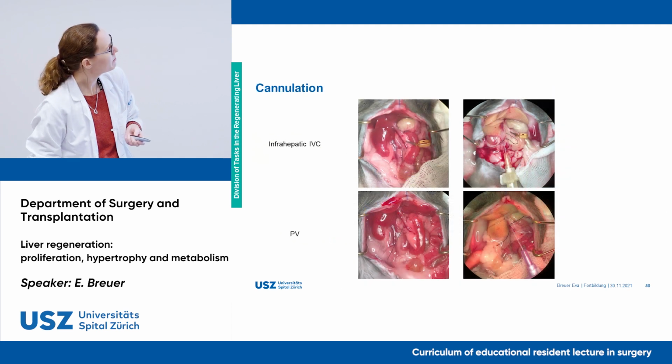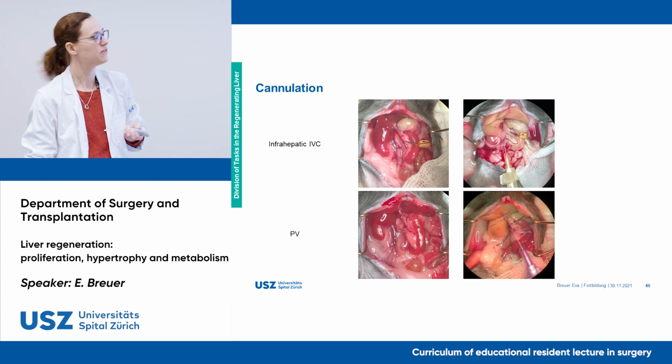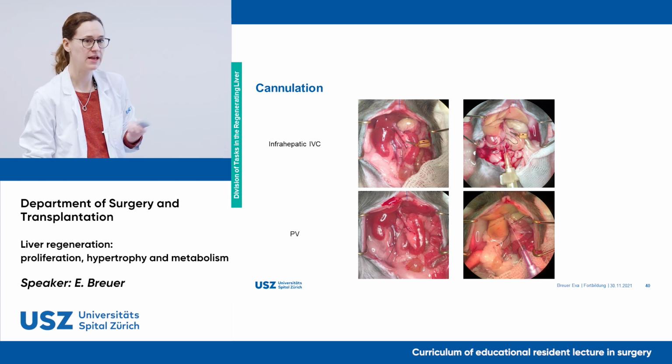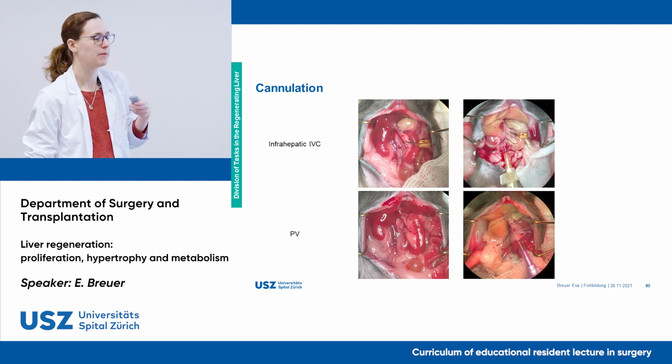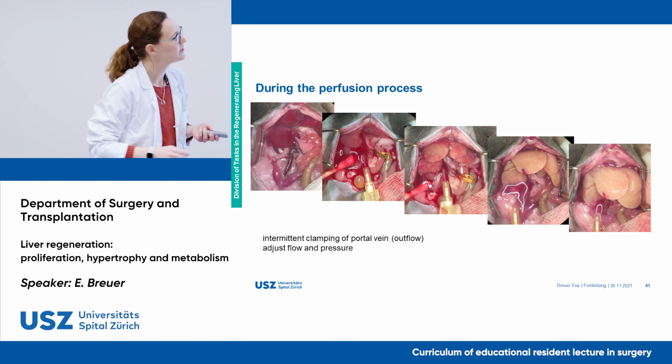How do you do the liver perfusion? You can cannulate the inferior vena cava or also the portal vein. I found that perfusing through the vena cava is much easier than the portal vein, and you can retrogradely perfuse the liver. This is how it looks.